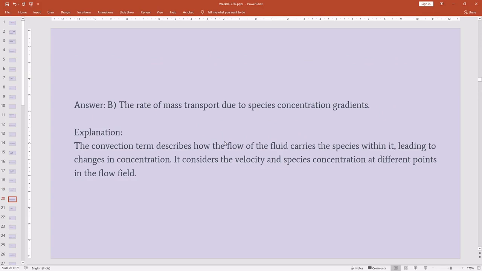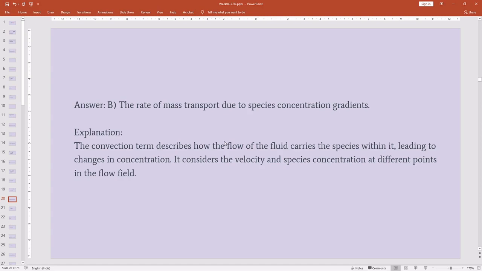Actually, the convection defines how the species is transported. That particular chemical species is transported by the fluid, so any property is transported from one place to another in a spatial domain by a fluid. It is given by the convection term.